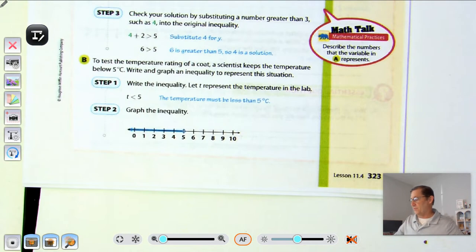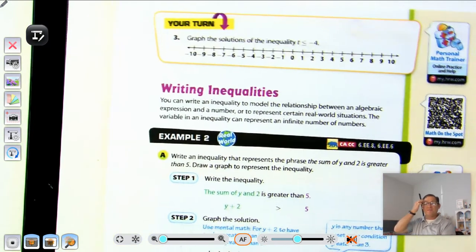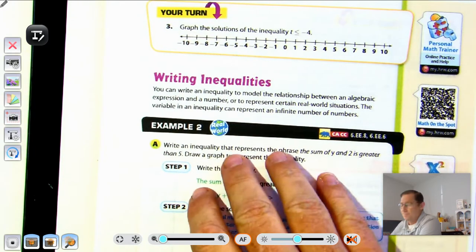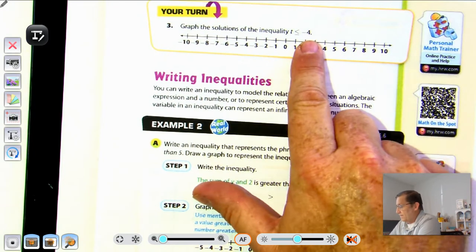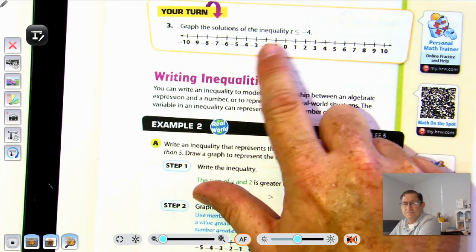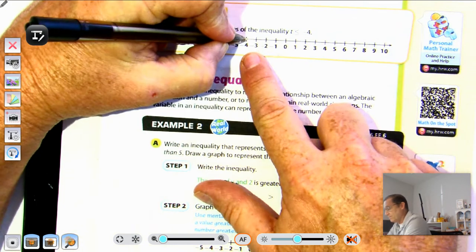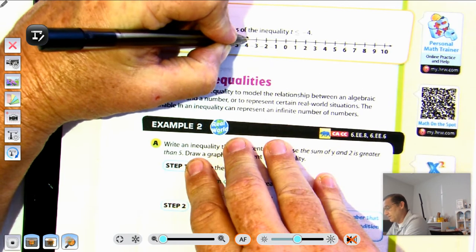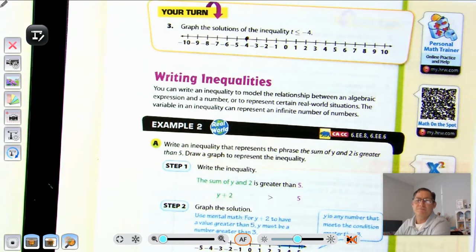All right, let's continue. 3. All right, so let's graph the solutions of the inequality t less than or equal to negative 4. So find negative 4 on the number line. Okay, here's negative 4. And it says less than or equal to, so we're going to have a solid circle because negative 4 is equal to negative 4, right?